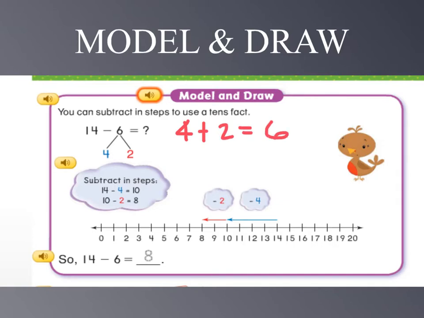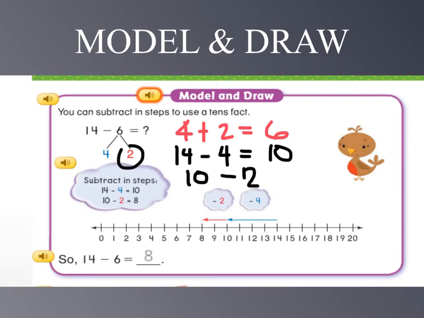Now here's where the steps come in. First, we are going to subtract 14 minus 4 equals 10. Then we are going to subtract 2 from the 10. That's our other number. And that gives us 8. 10 minus 2 is our tens fact.